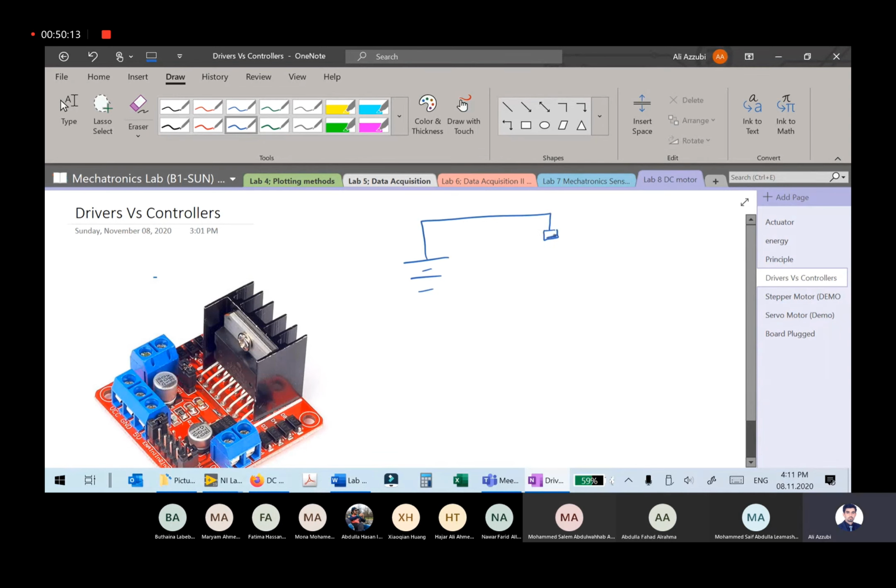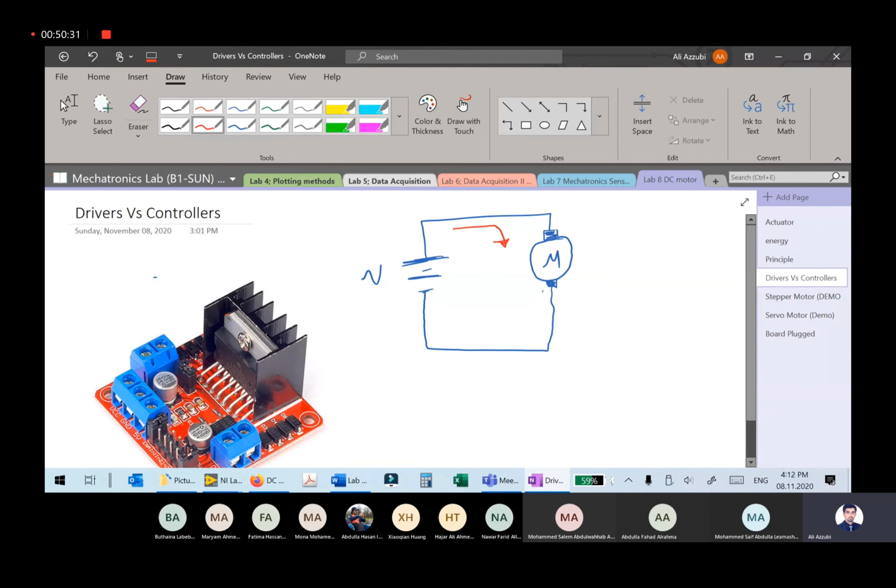This is the circuit symbol of a DC motor. They put this symbol with two squares to give you the sense that this is a brushed motor. This is the motor, and this is your voltage source. The voltage, of course, will make a current.